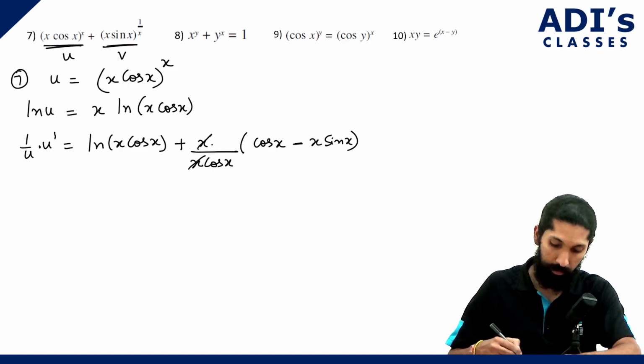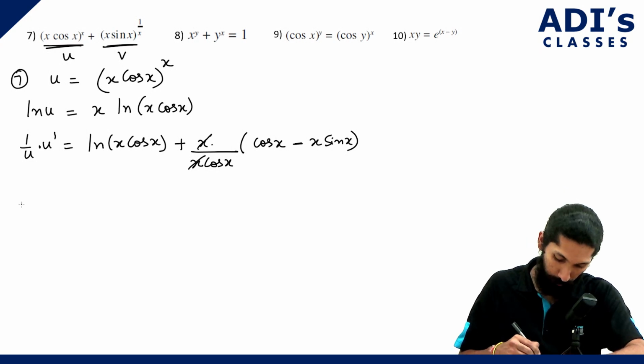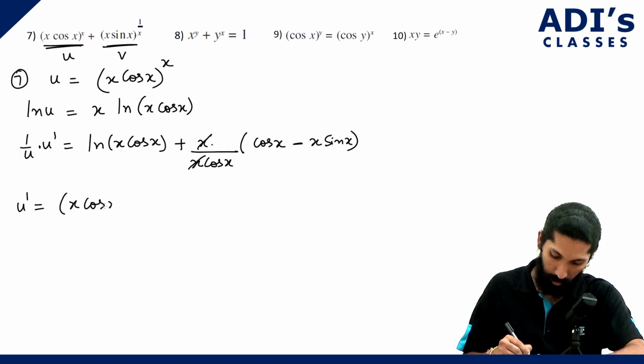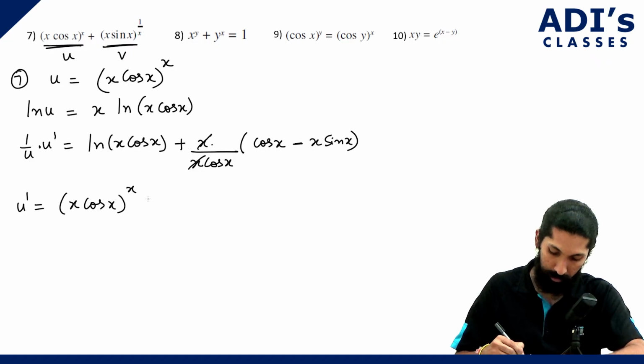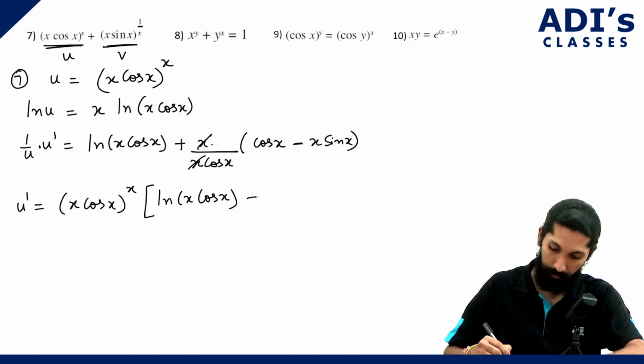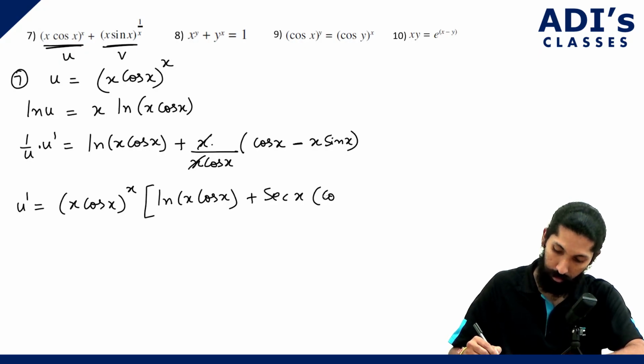X and x cancel. So u dash is equal to x cos x whole power x into log of x cos x plus secant x into cos x minus x into sin x.